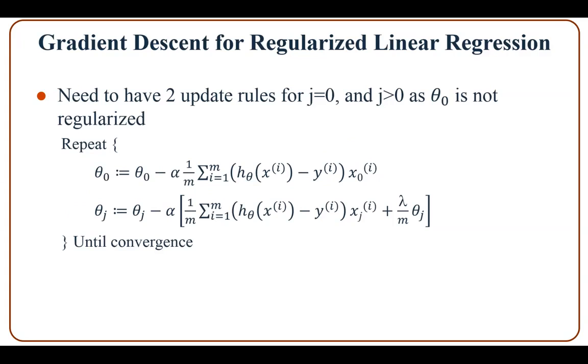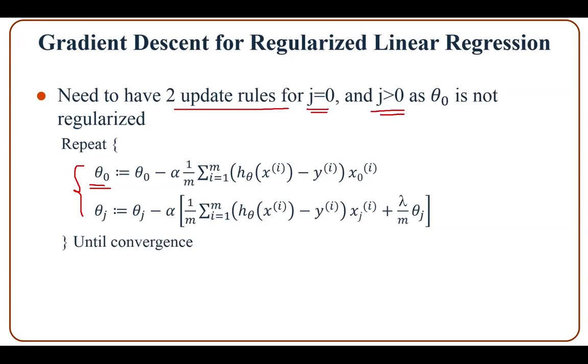Now we look at the gradient descent algorithm, and here we need to have two update rules. One for theta naught and another for the others, because theta naught is normally not regularized. So this is the gradient descent algorithm. For theta naught, you don't have the regularization term at the end.